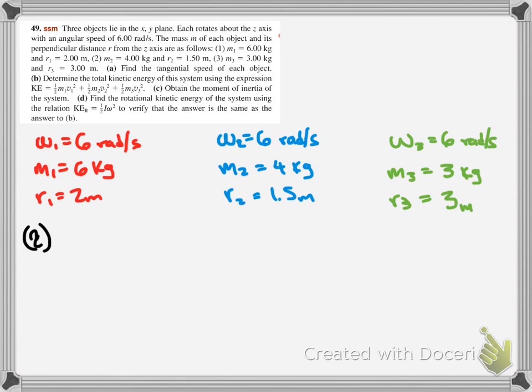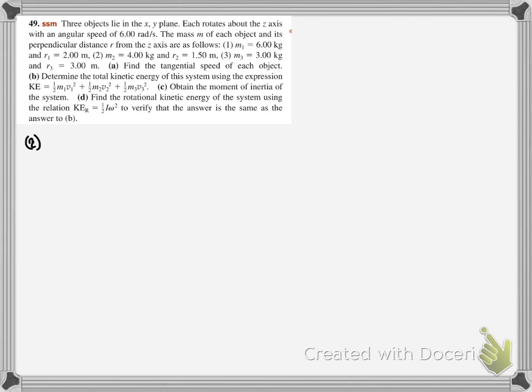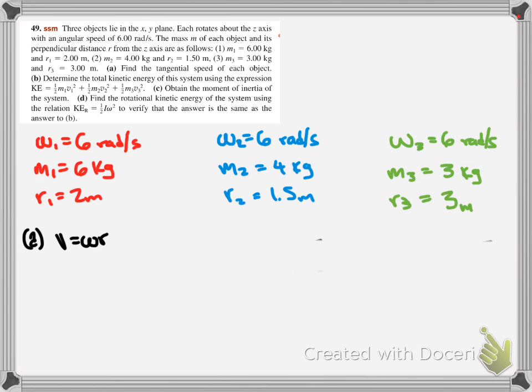Okay, so now let's solve part A, which asks us to find the tangential speed. We know that the equation for tangential speed, or velocity, is angular velocity multiplied by the radius. So let's write down those values and substitute. We get 6 times 2, which gives you 12 meters per second.